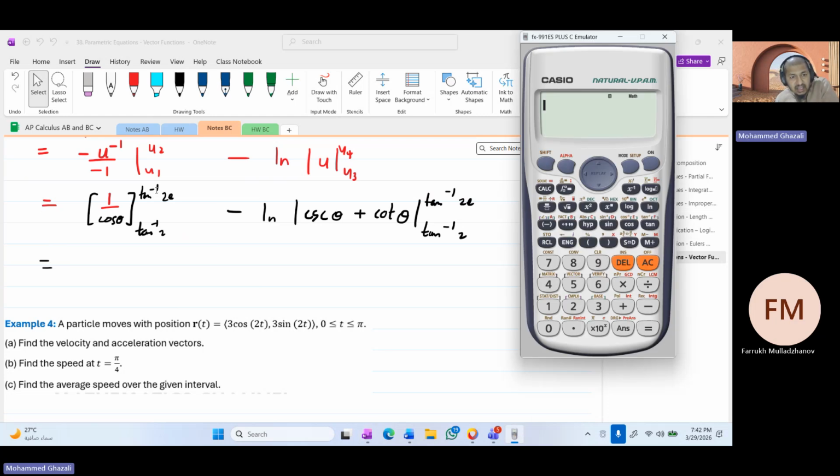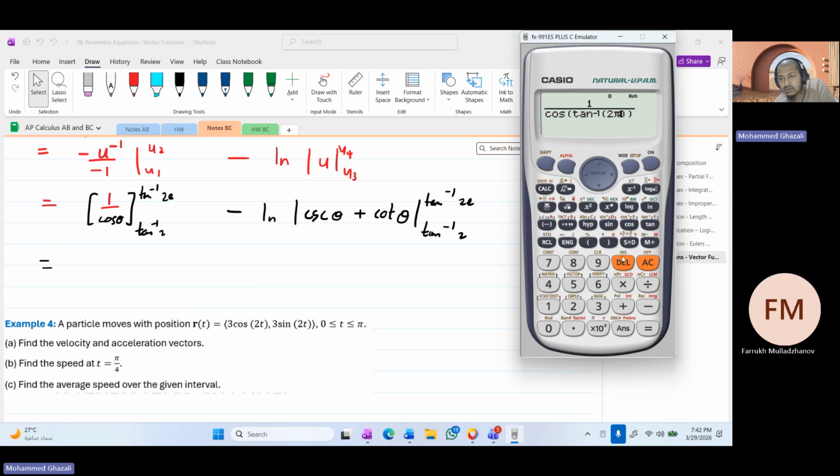So this one is upper boundary minus lower boundary. So what we have is 1 over cos of tan inverse 2, right? I'm substituting the upper boundary, 2e it was. Shift E. Where's the E button?